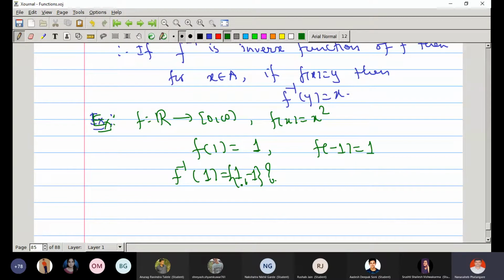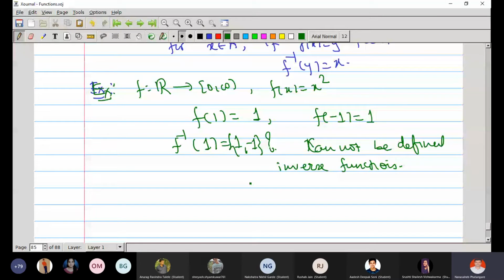So we cannot define an inverse function from [0, infinity) to R, that is, from this B to A.